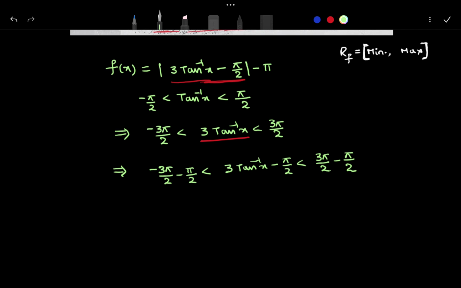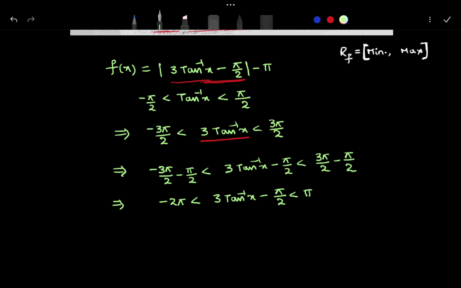Now calculating this, you get minus 4 pi by 2, that is minus 2 pi, less than 3 tan inverse of x minus pi by 2, less than 2 pi by 2, which is nothing but pi. So 3 tan inverse of x minus pi by 2 lies between minus 2 pi and plus pi.